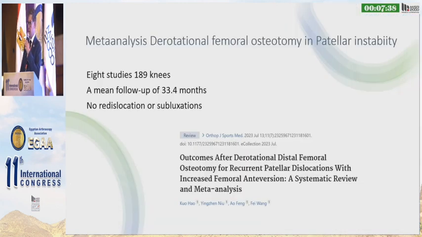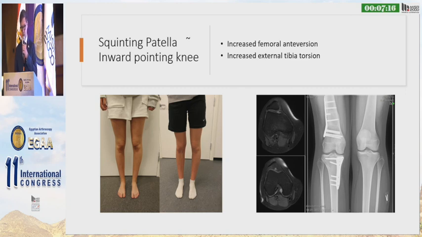There is this meta-analysis with 8 studies looking at the result of derotational osteotomy for patellar instability, not anterior knee pain, but patellar instability. And they saw no subluxation or luxation after this. So this is what we're talking about.